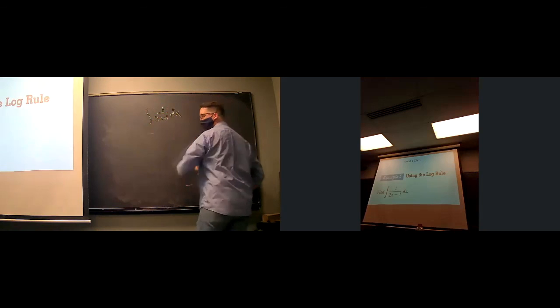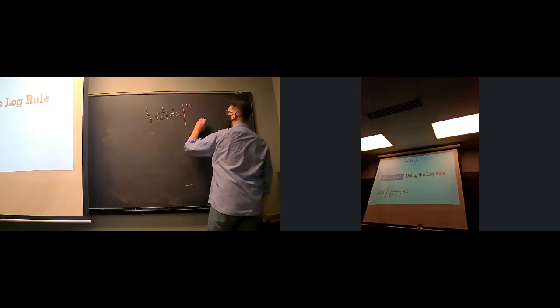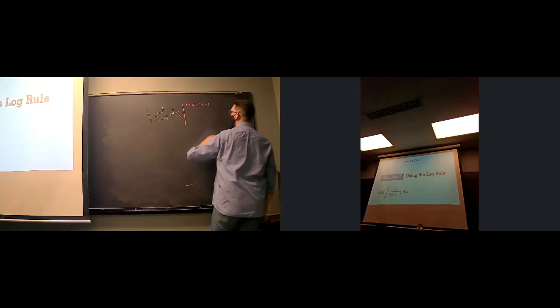We're going to say, let's use 2x minus 1 to be u, then du dx is going to be 2, and du is going to be 2 dx.